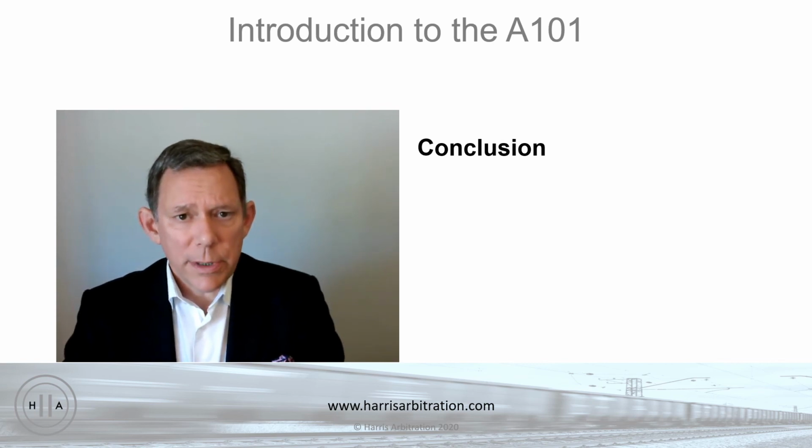So it's important to get comfortable with the basic commercial terms of the A101. That document's not especially long, and it's a fairly quick read, but to understand how it allocates certain risks just at the front end.